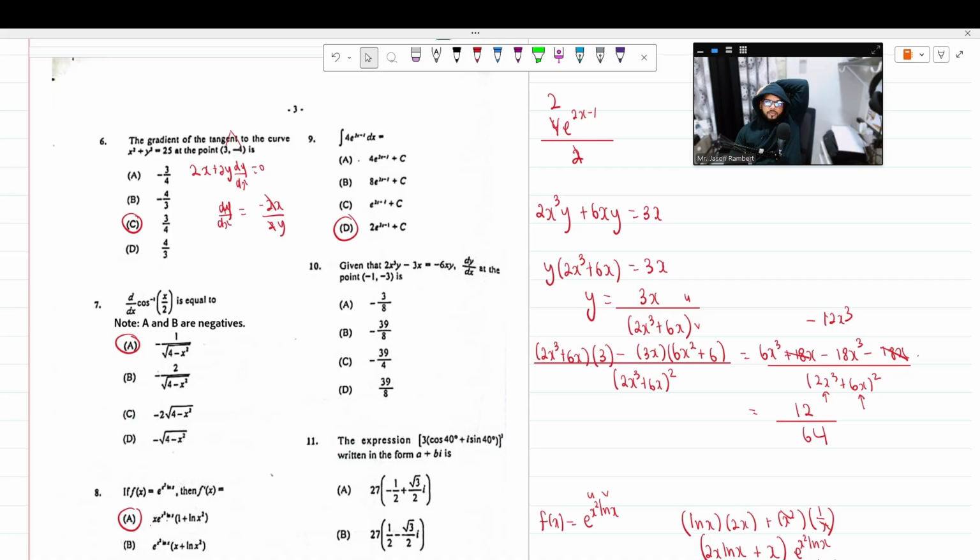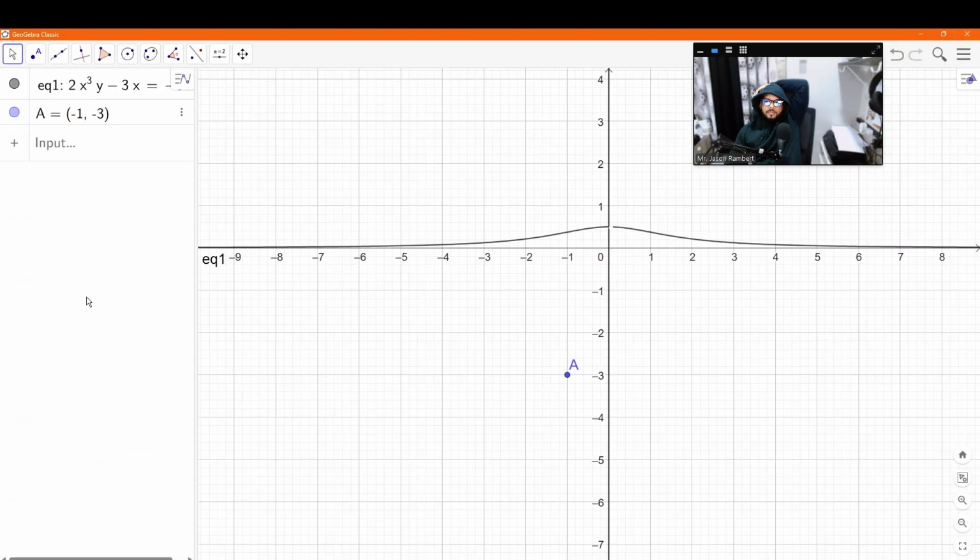So let's take a look at the point where the curve is. This is the curve. This is the point. The point is not on the curve. So that's why using two different approaches, we would have gotten two different answers, because the point isn't on the curve in the first place.